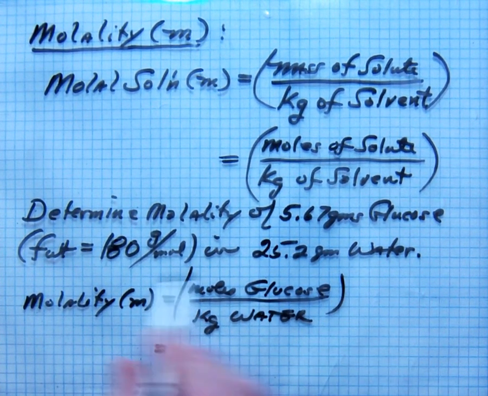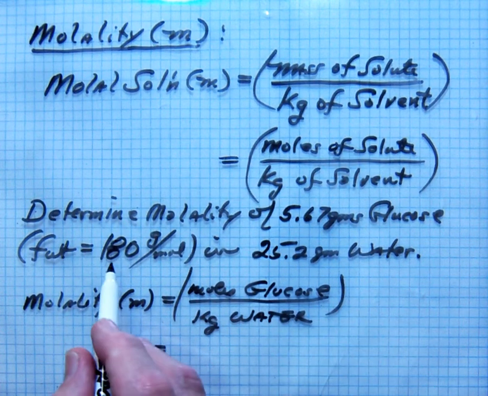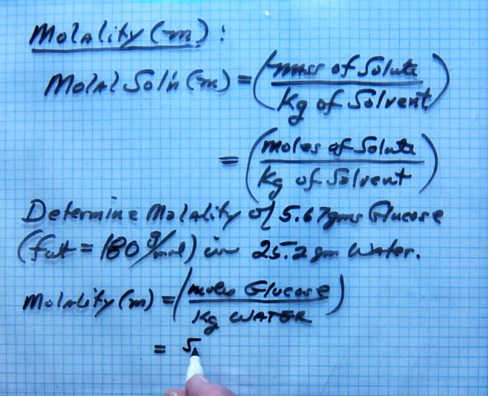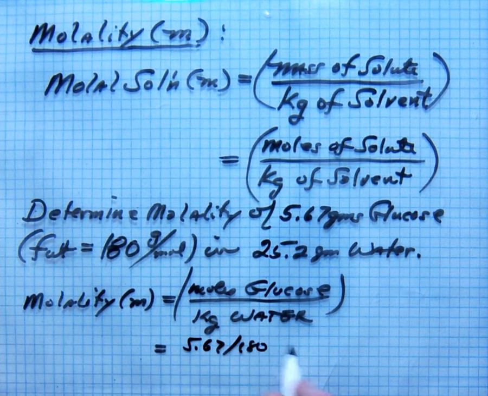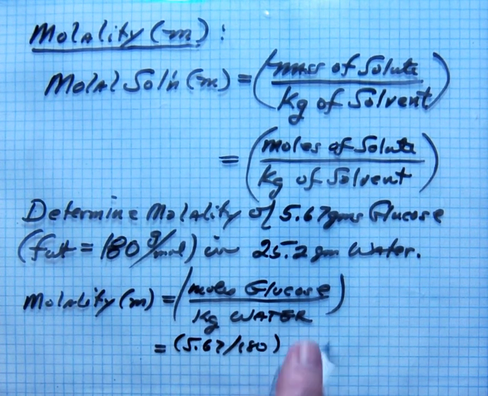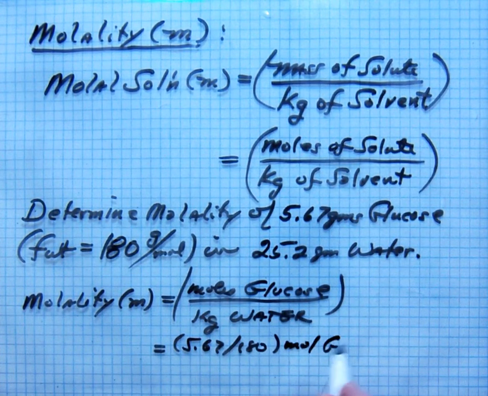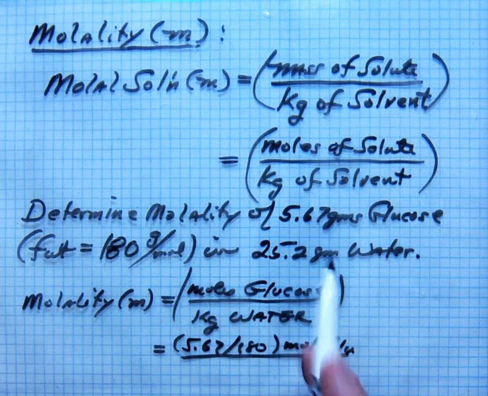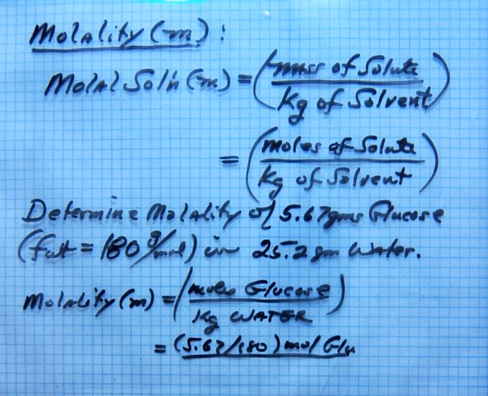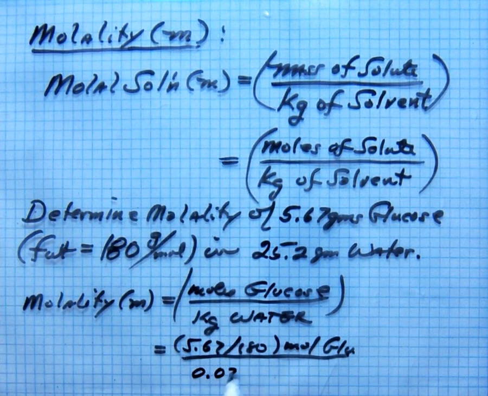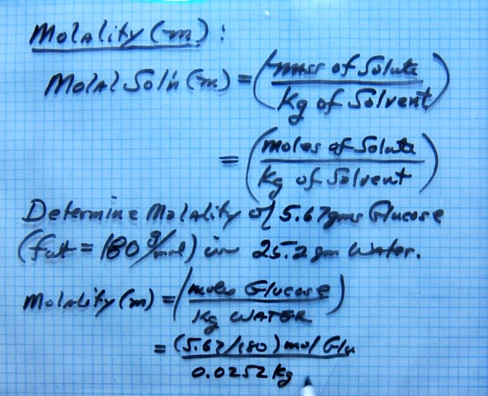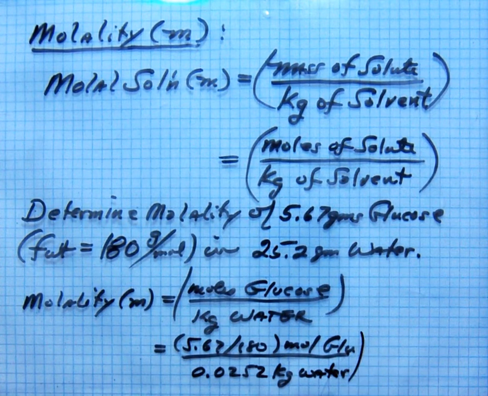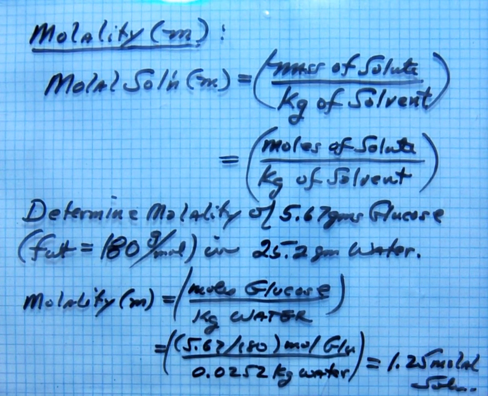And so we have 5.67 grams of glucose, which is divided by 180. Divided by that water, 25.2 grams, is 0.0252 kilograms solvent, 1.25 molal solution.